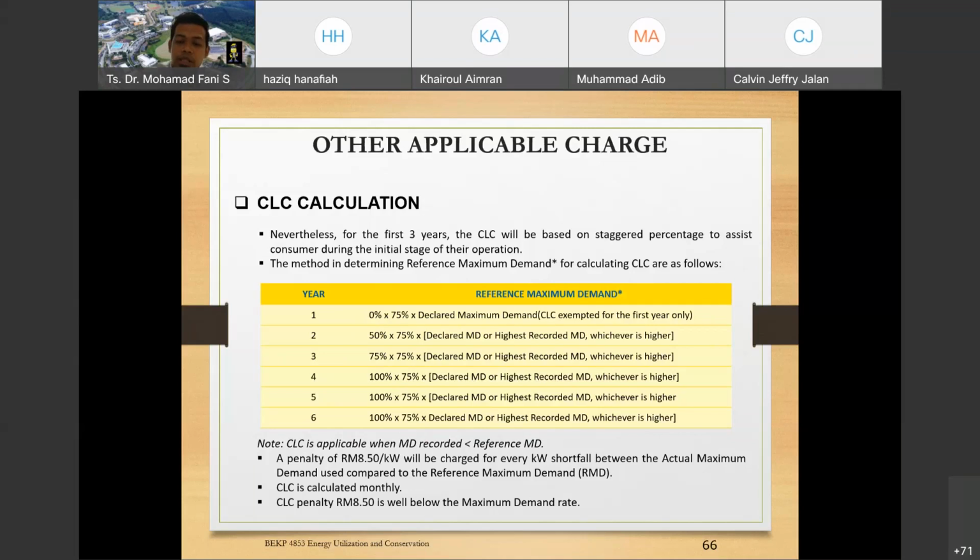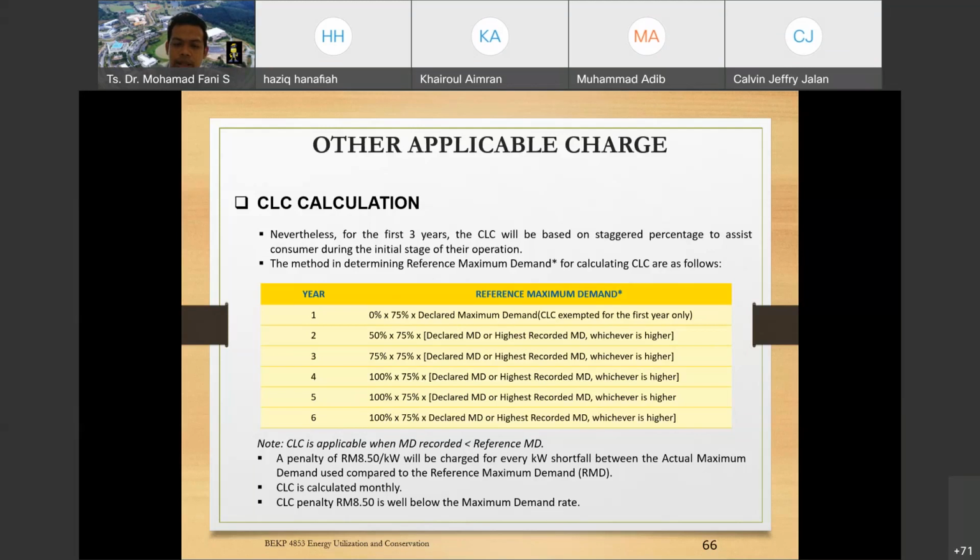But if you declare 5,000 and do not achieve it, put 5,000. So the RMD should be 50% multiplied by 75% multiplied by 5,000. That one is the reference maximum demand, and you should have that RMD for the second year.